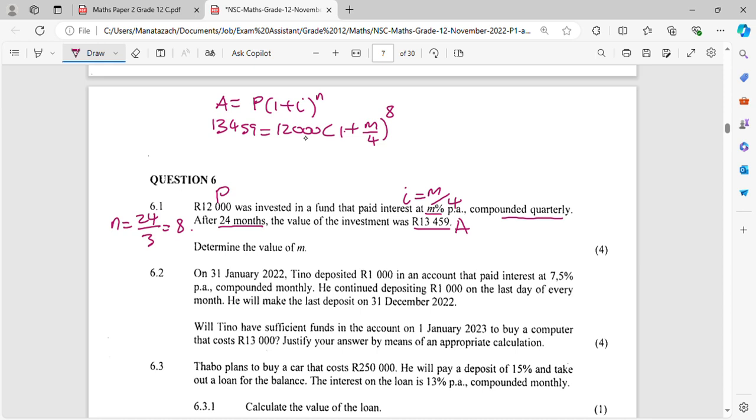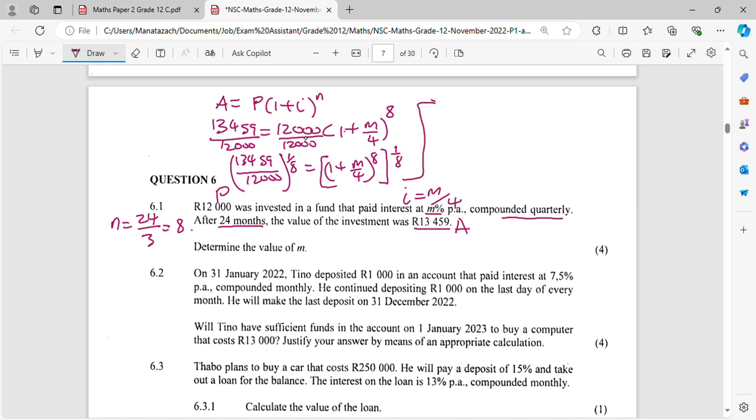Here we'll divide by 12,000 on both sides, including this side, and we'll remain with 13,459 divided by 12,000. This side will have (1 plus M over 4) to the power 8. So to get rid of the 8, I'll raise both sides of the equation to the exponent of 1 over 8, so that I'll remain with 1 plus.